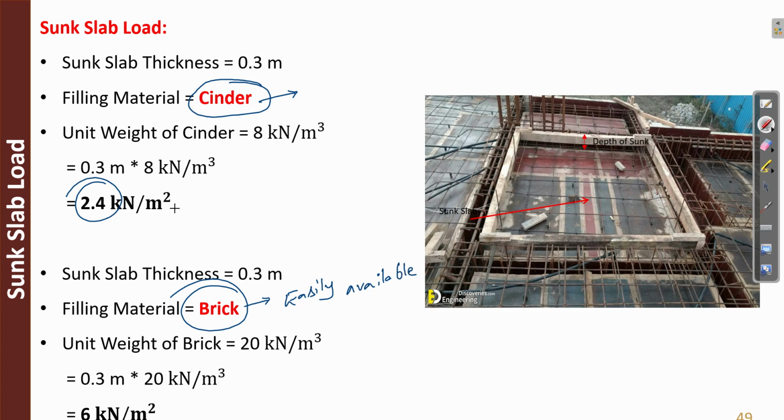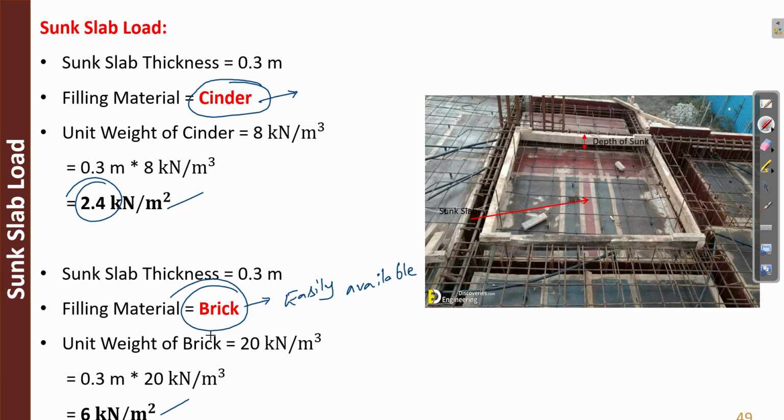So you design the slab for 2.4 kilonewton per meter square, but at the site they may provide 6 kilonewton. At the site they provide brick bat. Then this is the wrong thing.